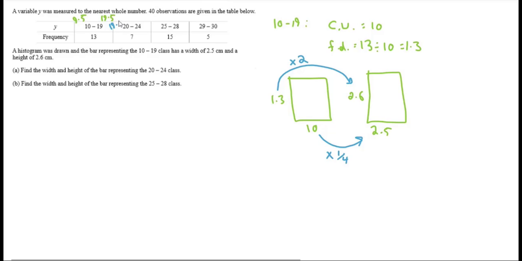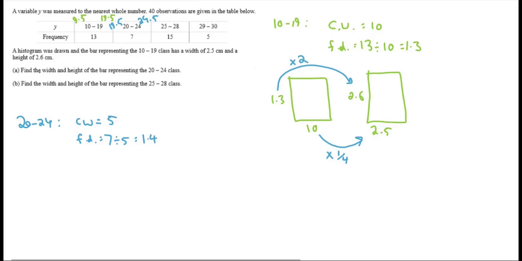Therefore, if we start looking at these other rows here, so for the 20 to 24, this is strictly speaking 19.5 to 24.5. So for that one, your class width should actually be 5, and your frequency density would be the 7 divided by 5, which is going to be 1.4.